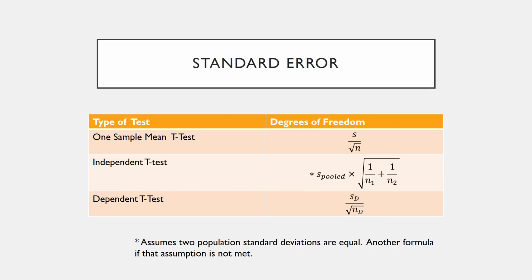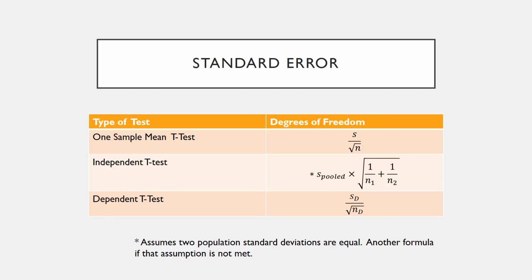Standard error also depends on the type of test. If you're doing a one sample mean test, then it's the standard deviation divided by the square root of n. For the independent t-test, it's the pooled standard deviation times the square root of 1 over n1 plus 1 over n2. For the dependent t-test, it's very similar to the one sample mean test, but we're talking about difference scores.